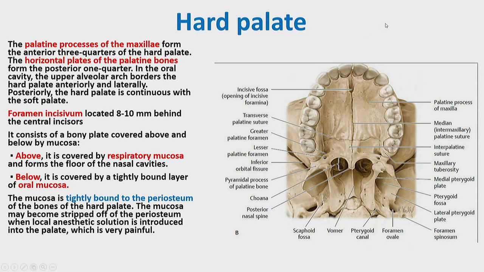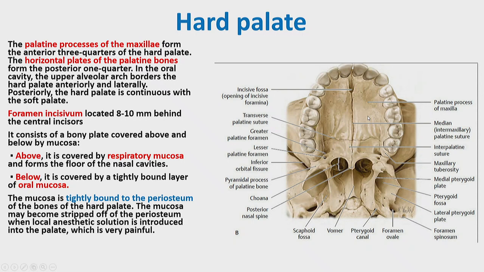What structure passes through the incisive foramen? The nasopalatine nerve and vessels pass through and supply the anterior part of the hard palate.